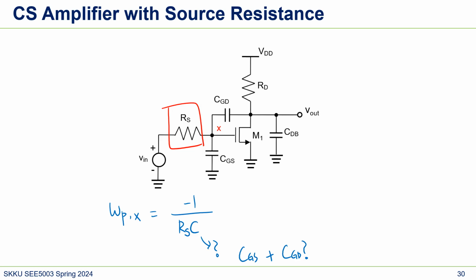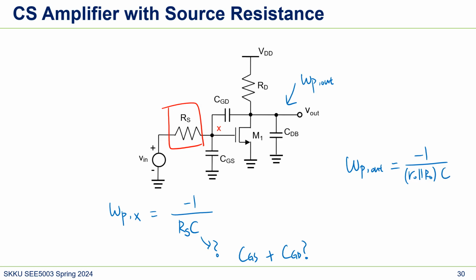And how about here? The pole at the output, omega P out. The resistance would be, if you don't ignore channel length modulation, RO.